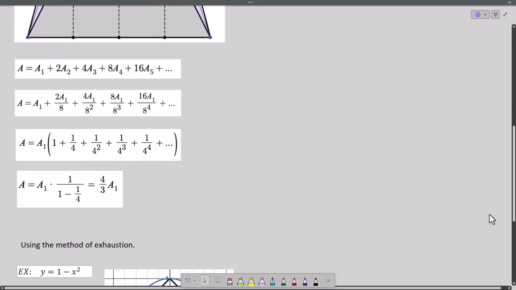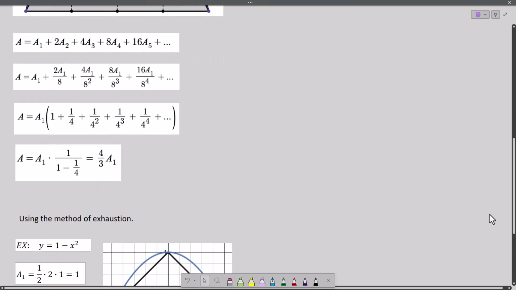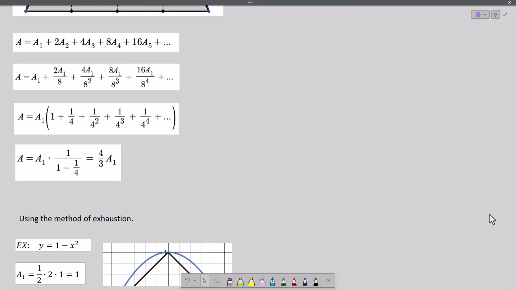This is an infinite series. That is a geometric infinite series. So if I simplify here, I cancel out a 2 here, cancel out the 4, cancel out an 8, cancel out a 16. When you reduce this, you should be seeing that this is a geometric series with a common multiplier.